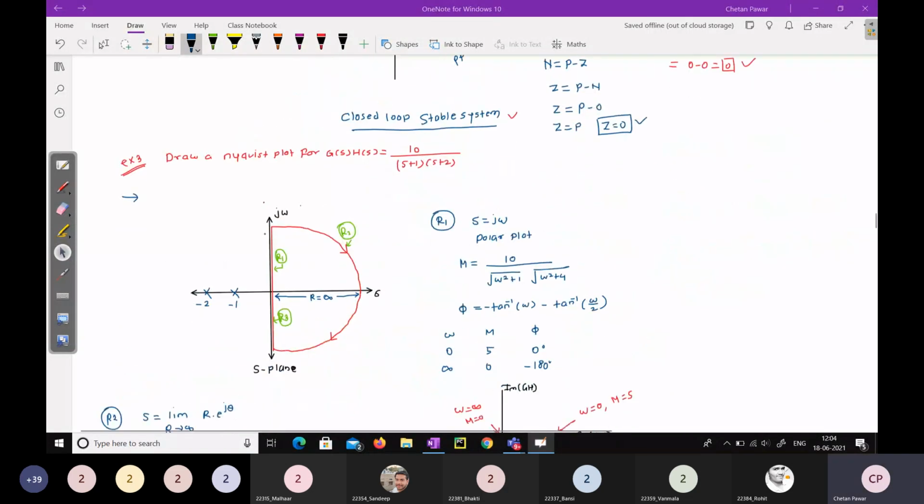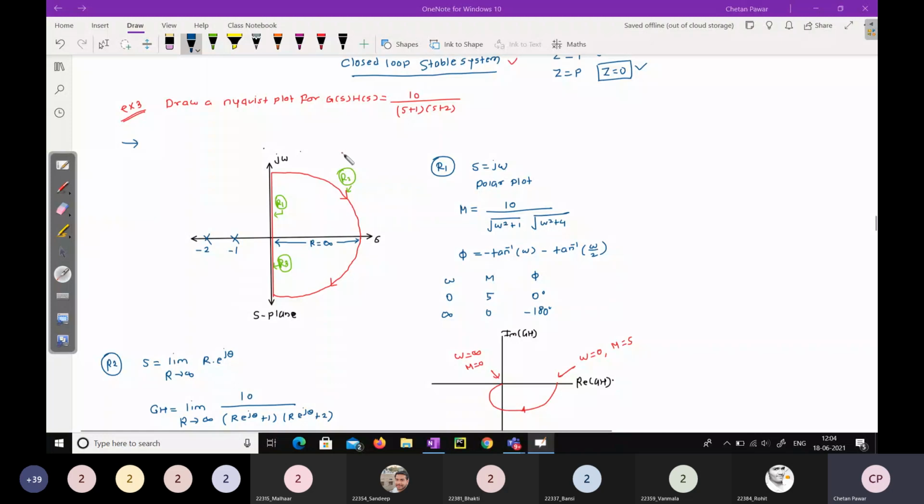Let us see one more example of how to draw the Nyquist plot for an open loop transfer function. Here the open loop transfer function is given. There are two finite poles, one at -1 and one at -2. I have drawn the Nyquist contour, just like the previous problem. The first region mapping will be the polar plot, that is s equal to j omega.